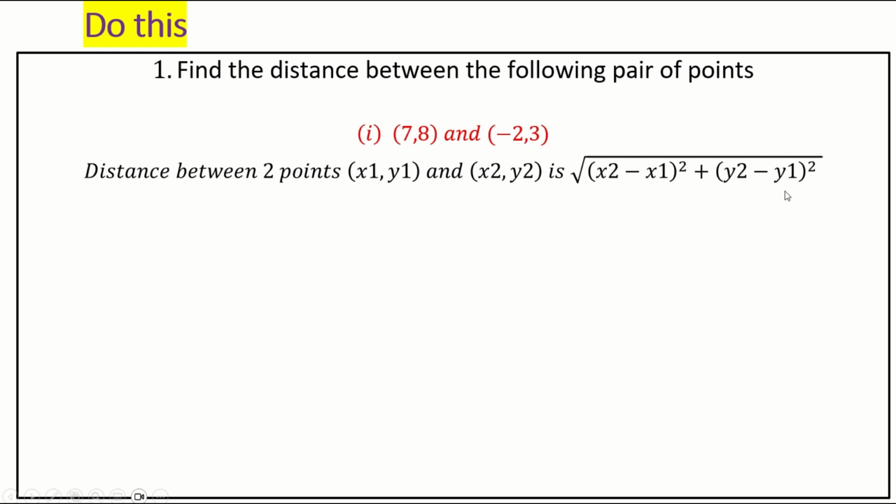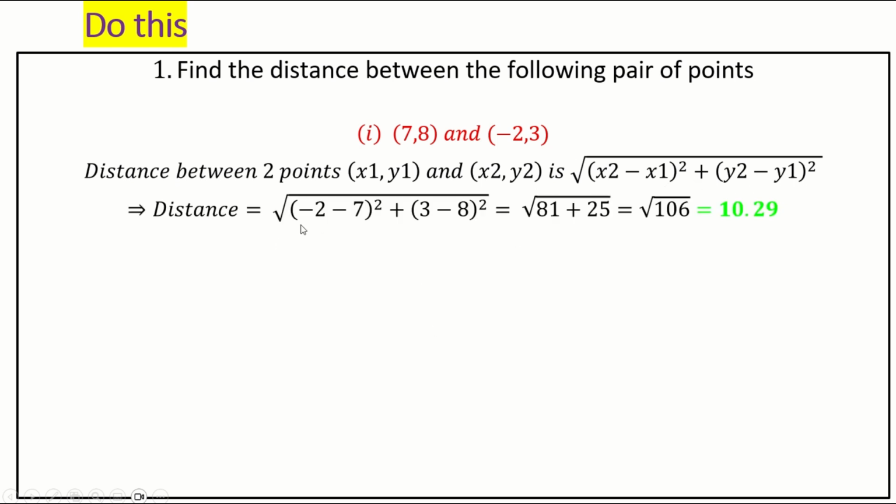So we know this is the formula: square root of (x2 minus x1) whole square plus (y2 minus y1) whole square. So you substitute the values correctly. (Minus 2 minus 7) whole square plus (3 minus 8) whole square, which is minus 9. So now minus 9 square is 81 plus 25, which is 106, and the square root is 10.29 decimal point. Okay.